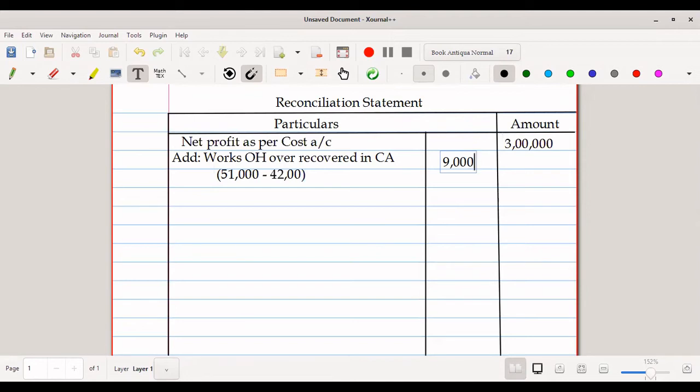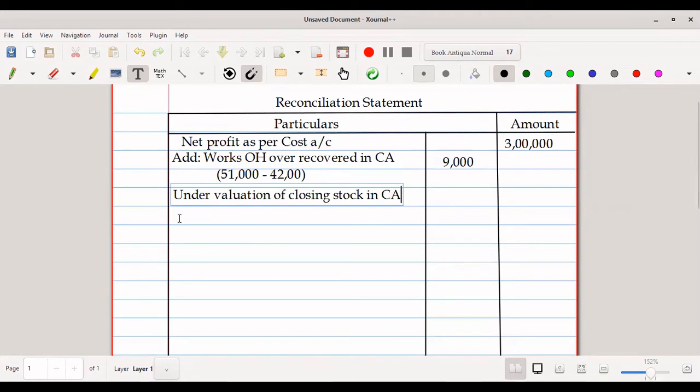And the next item is income tax provided. We should deduct it as I have told you. And the next point is undervaluation of closing stock in cost account.